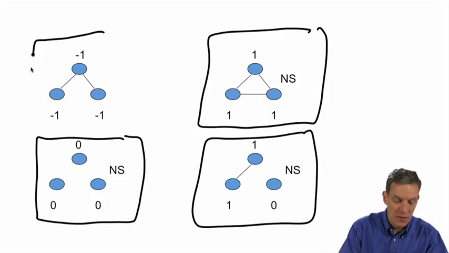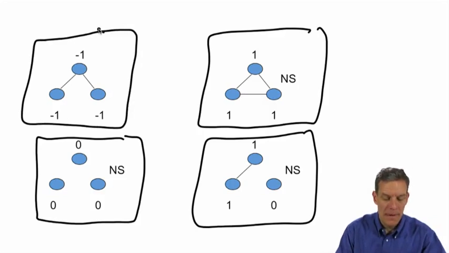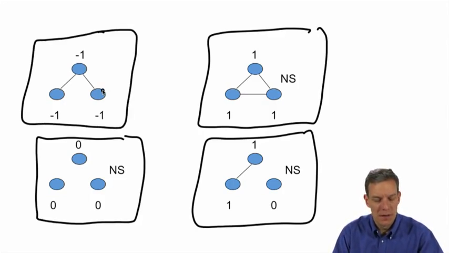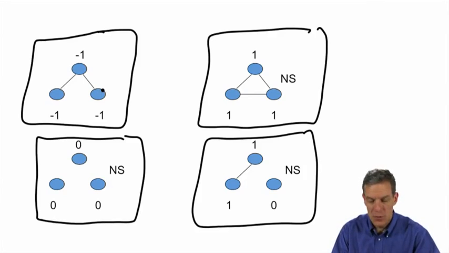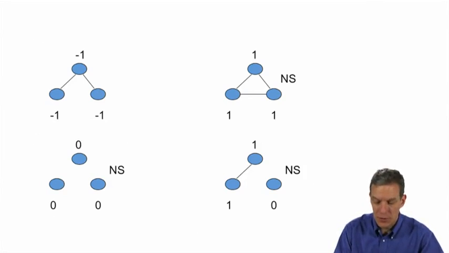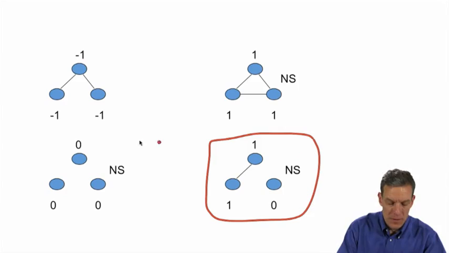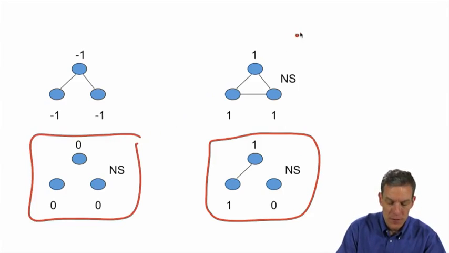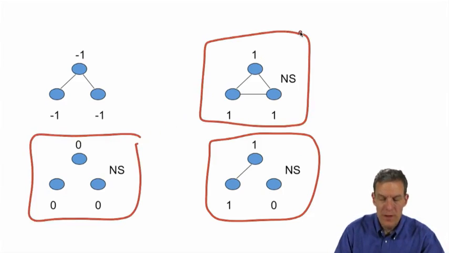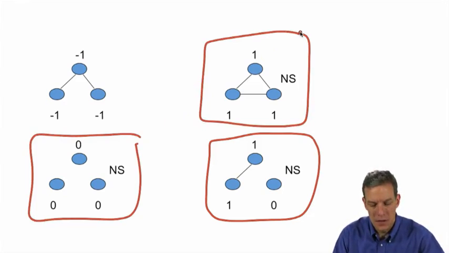And if you end up in a 2-link setting, then you get -1. When we look at the Nash stable networks, what do we end up with? We end up with 3 of them. So it's not terribly predictive. We end up with 3 possible networks that could be Nash stable.